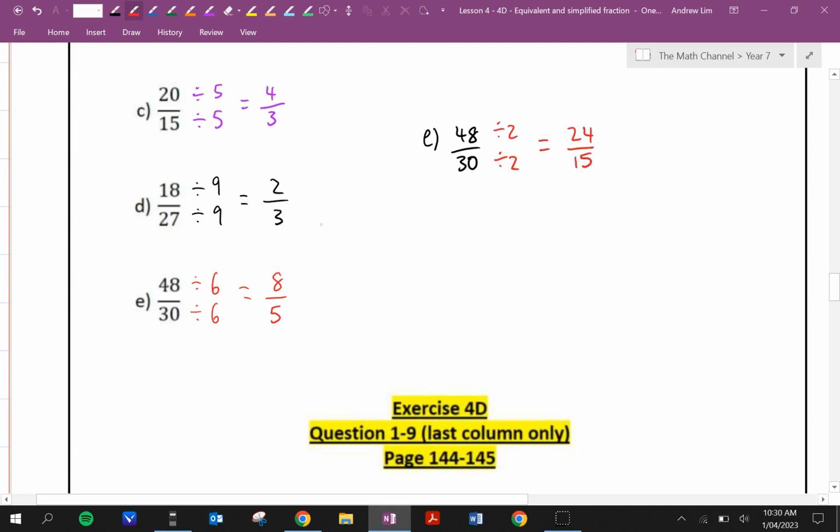Now, you should always ask yourself, can I keep going further? Is there a number that 24 and 15 can both be divided by? And hopefully you realize, yeah, actually, I can divide both of them by 3. If I divide both of them by 3, I'll get 8 over 5, which is the final answer.